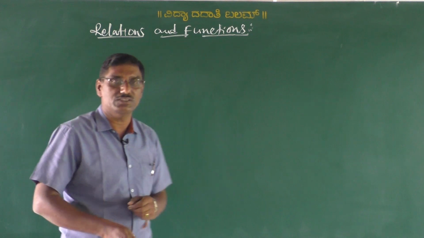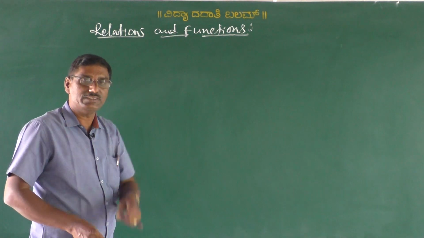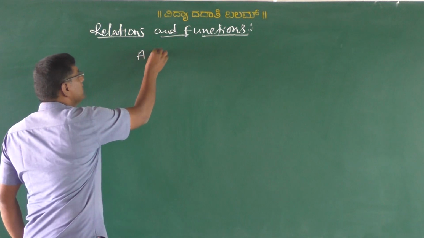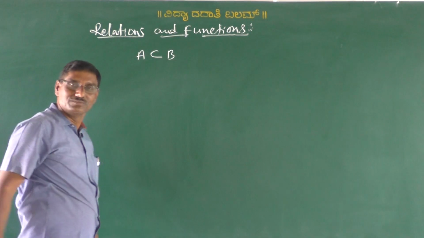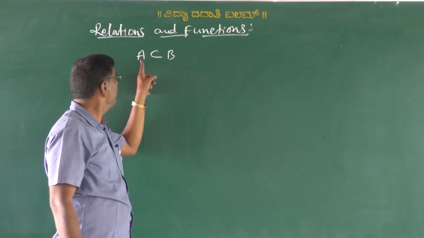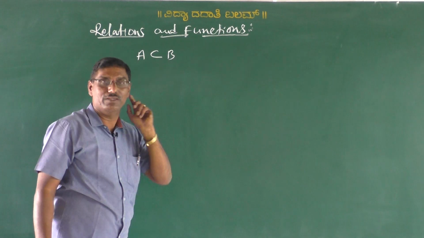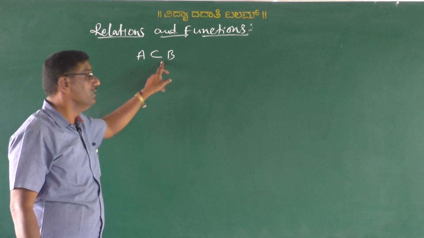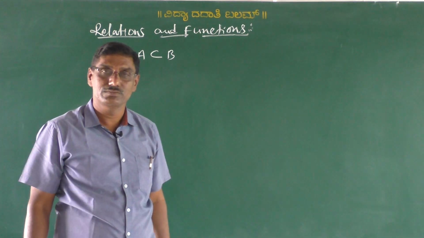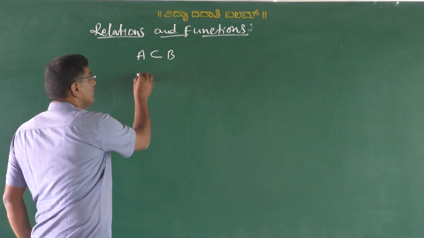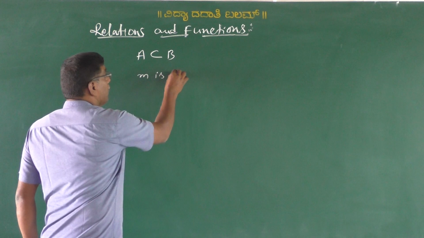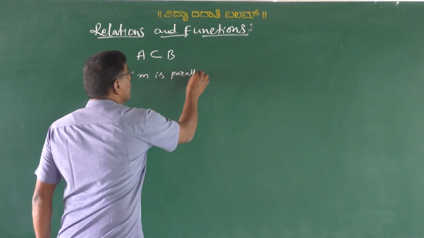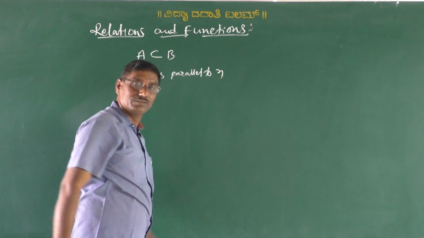in mathematics also. We studied in sets, that is A is a subset of B. This is the relation between these two, that is A and B. That is, the set A is a subset of B. The line M is parallel to N. This is the relation.